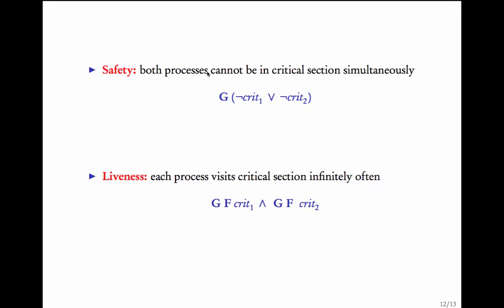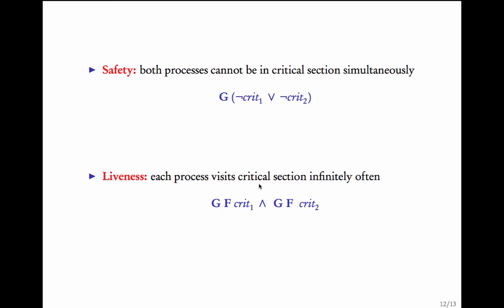You can write it in another way. It's not the case that F of crit1 and crit2, this is an equivalent formula. G of not crit1 or not crit2. Always in the execution, either process 1 is not in its critical location or process 2 is not in its critical location.